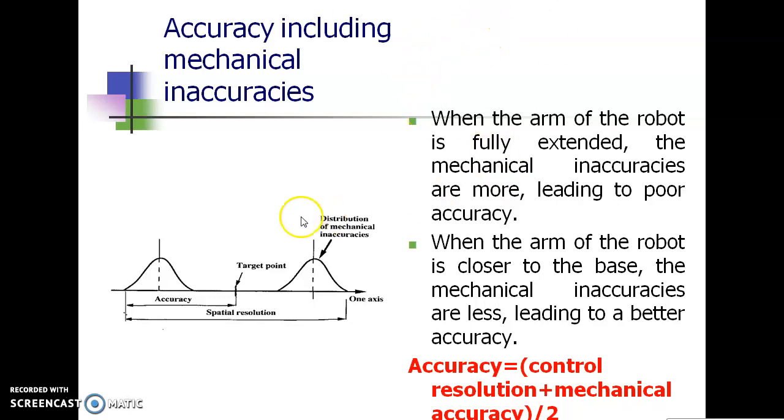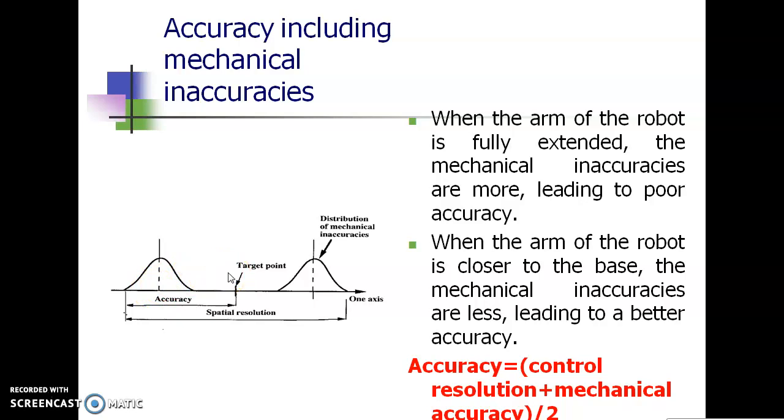For example, this is the target point I wish the robot arm to go to, but the robot wrist is going to come to the addressable point, and because of these mechanical inaccuracies, it may go here, or here, or anywhere around. In case the arm is in a fully extended position, it may go here. When the arm is closer to the base, it may come to this point.